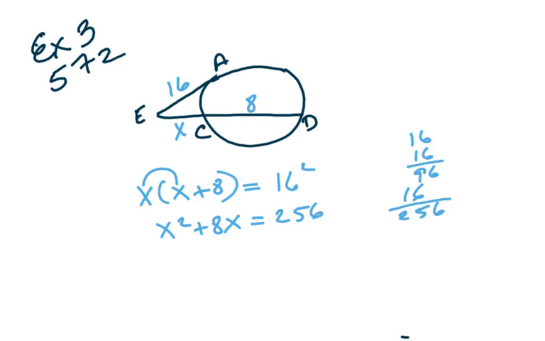256. Now I'm going to bring the 256 over to the left and then just factor. So x squared plus 8x minus 256. And then I'm just going to factor those two things.